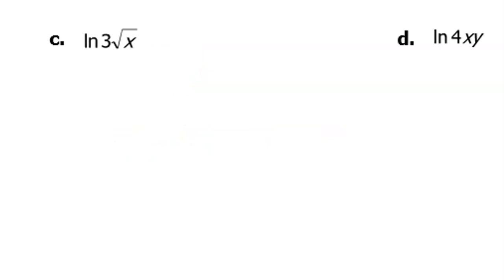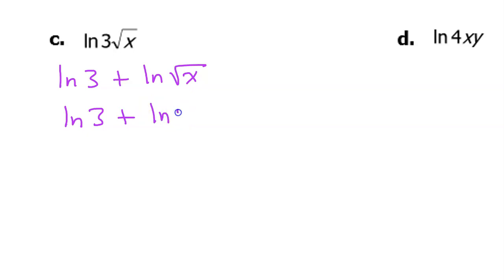For problem C, using the product rule, we can rewrite this as the natural log of 3 plus the natural log of the square root of x. However, I would really like to use the power rule on the second term. So let's go ahead and view this as the natural log of x to the 1/2 power.